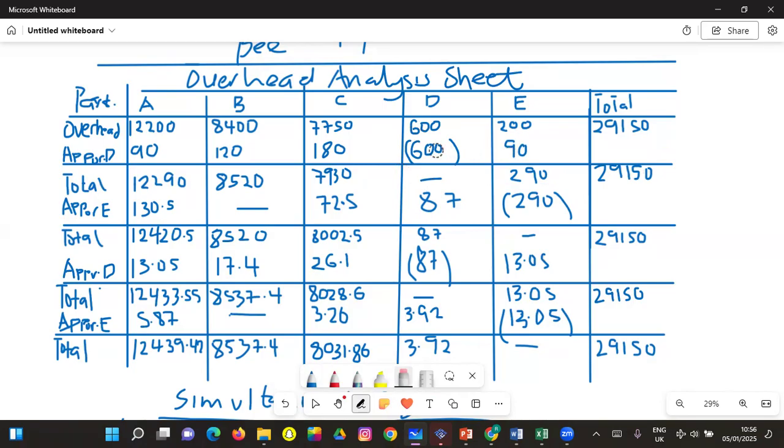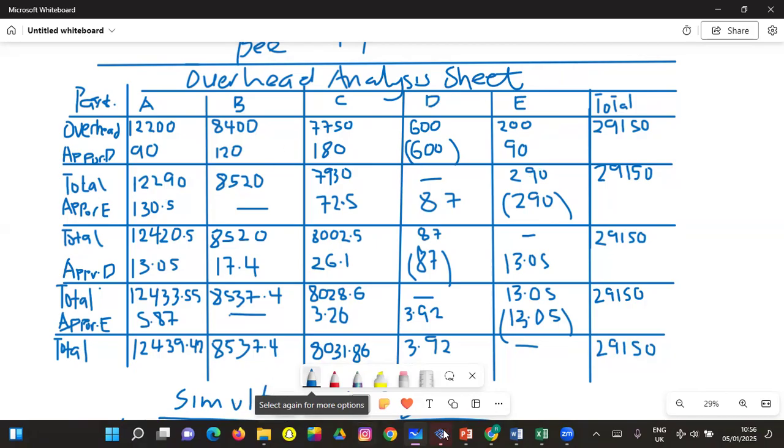Now after apportioning the service department D, we move on and add them up. So we add and get a total of this, total of this, total of this, and a total of this, right? Now we move on and apportion service department E the other way.